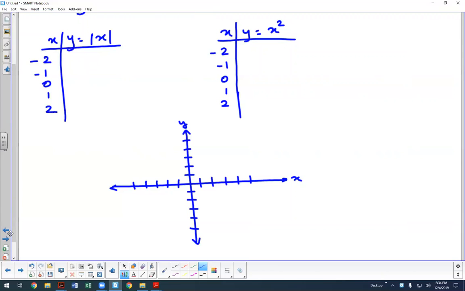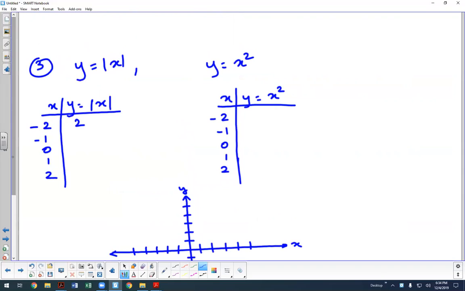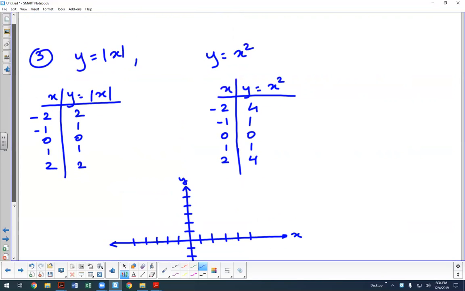What do we see? That's 3. 3 points? Okay.